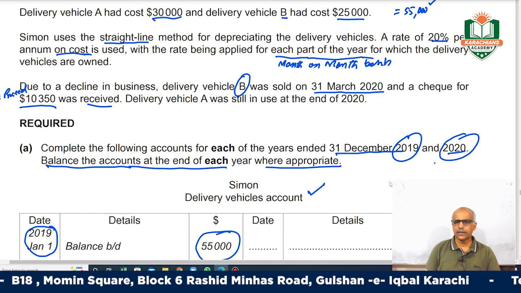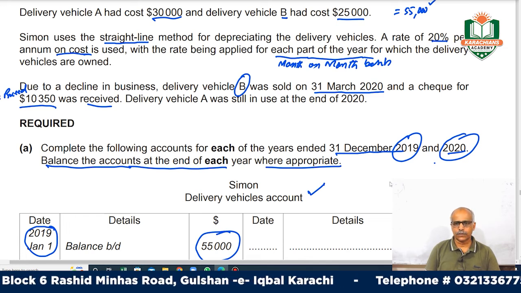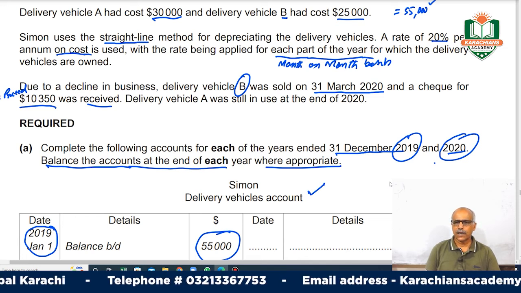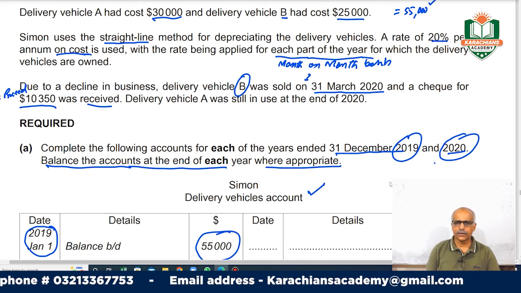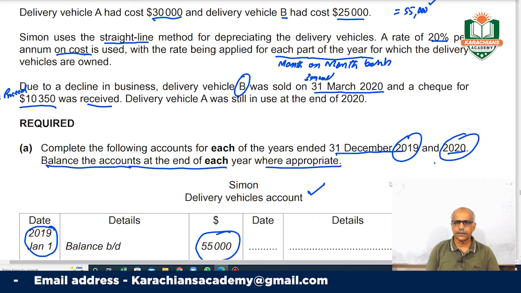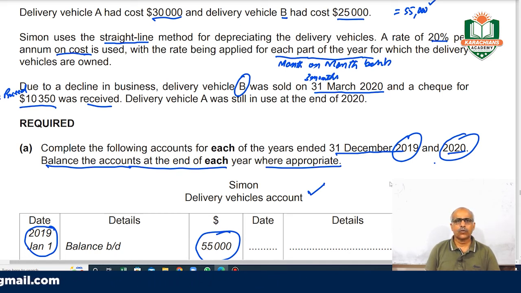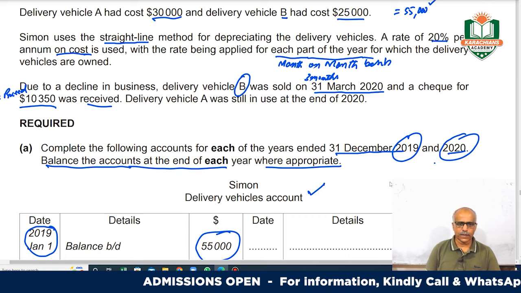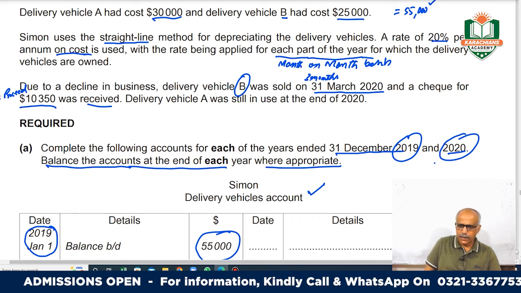They are selling it on 31st of March 2020. It means how many months? 3 months. Vehicle B was in the business for 3 months in 2020. Okay, and we have to make all the 3 accounts, right?